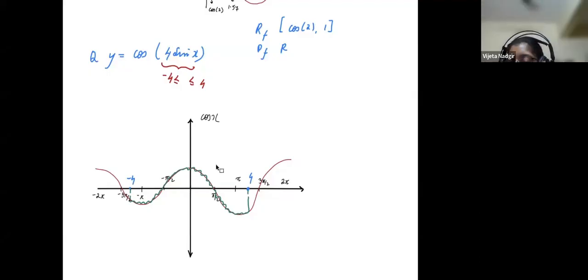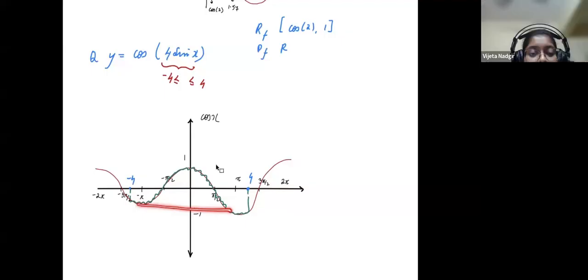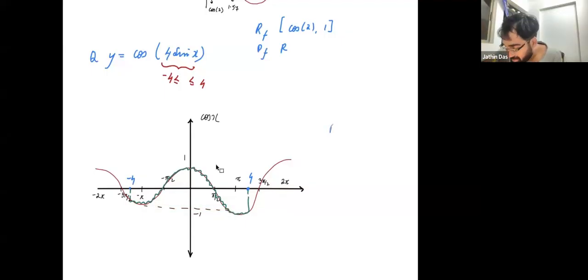Cos 3.14 to 1, because that is the lowest that it gets. No, lowest is -1 now. See, lowest is -1. Yeah. That's why I told you to always draw the graph and analyze.